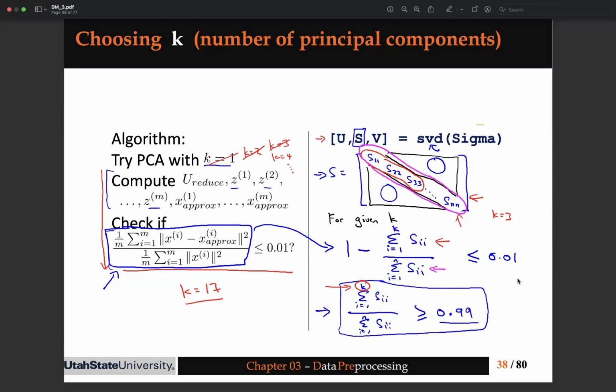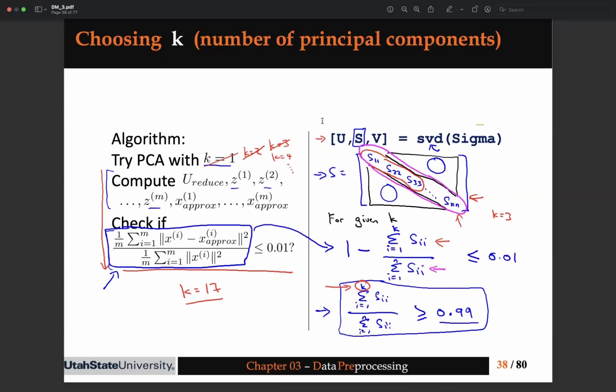If it's less than 1%, then I stop. If not, I take the second value of the diagonal of my S matrix and add that in the numerator of this formula, and I compare that with the sum of all S's, 1 minus this particular measure. If it's less than 1%, then that's good news, and I should stop at K equal to 2 in this case. If it's not, then I do the same thing as in the previous step and increase K to 3.